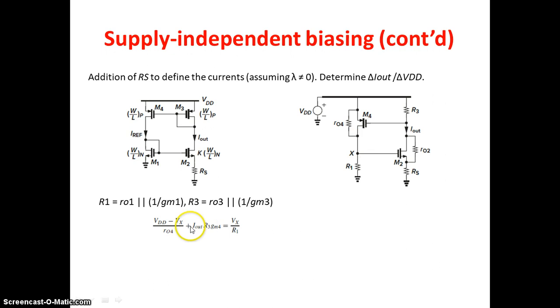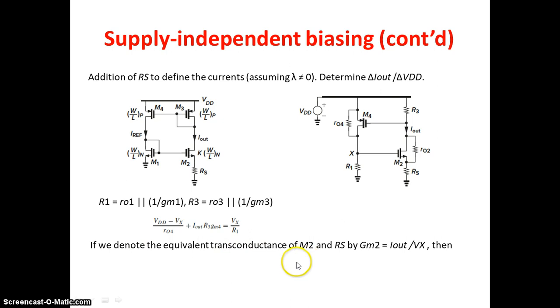So VDD minus Vx divided by RO4. The current through the MOSFET can be written as GM4 into VGS. What is the VGS voltage here? It is the VG voltage, which is simply I out into R3. So I out into R3 into GM4 is equal to Vx by R1.